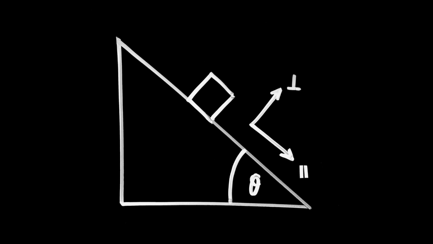I'll call this the parallel axis, and I'll draw that with two vertical lines, which mean parallel. And another coordinate axis that is perpendicular to the incline and points away. I'll call that the perpendicular axis. So I'm not going to use the x and y axes to solve the problem. I'm going to use the perpendicular and parallel axes.